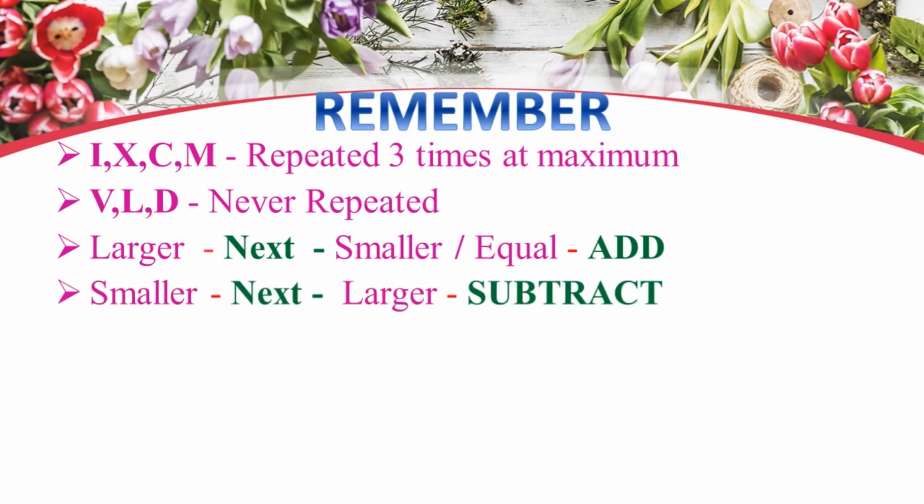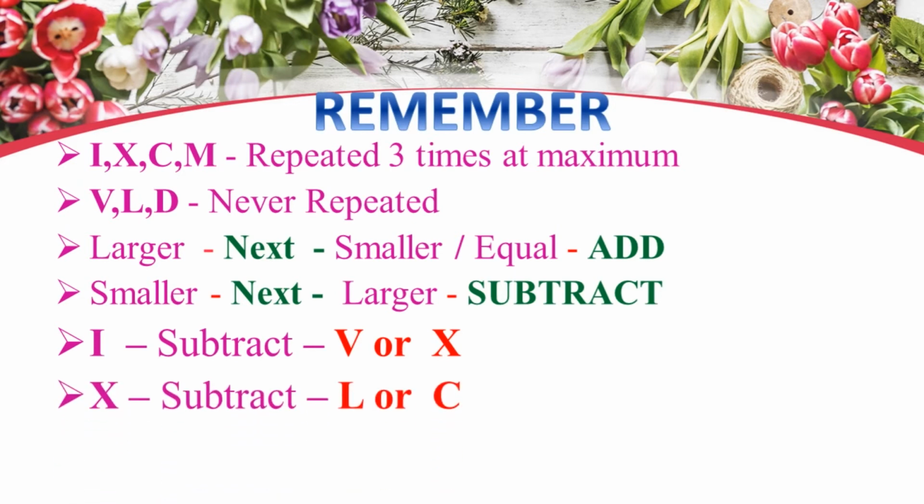Smaller number next larger number means we want to subtract their values. I subtracted from V or X only. X subtracted from L and C only. C subtracted from D or M only.